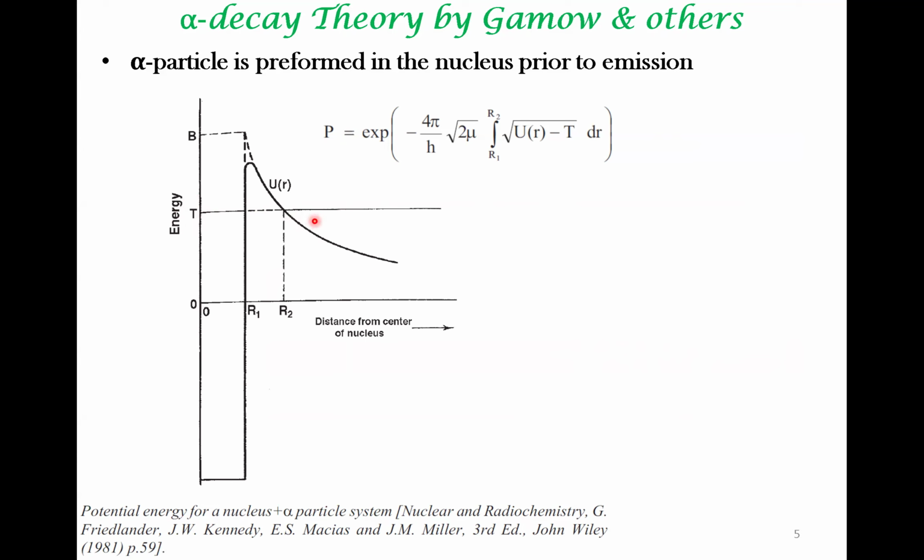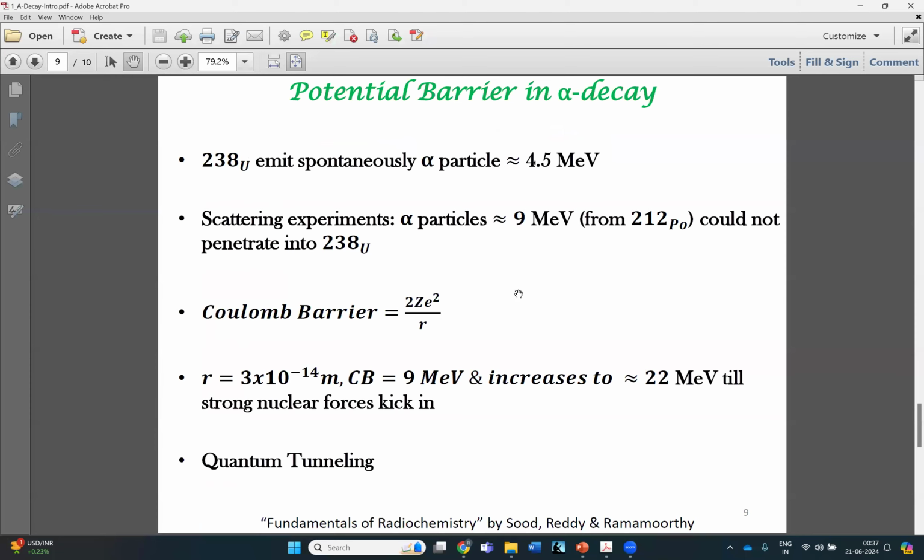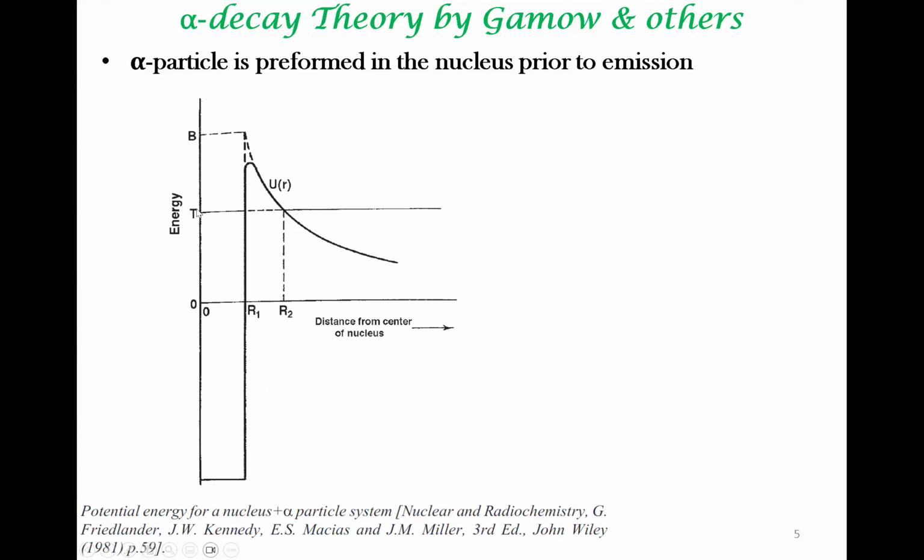We had earlier given some values, for example, in this lecture, we had given this as the value. If the alpha particle comes out with 4.5, that is indicated in the schematic by this value. So this is the kinetic energy available to the alpha particle.